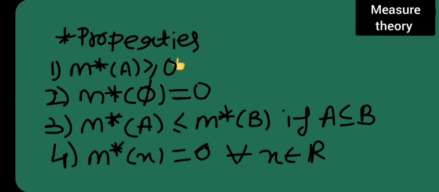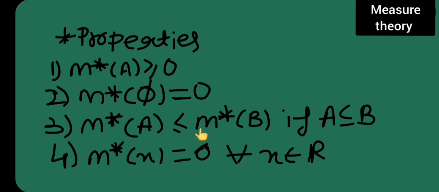These are the properties which I will be proving. First property: outer measure of A is greater than or equal to 0. Second property: outer measure of the empty set is equal to 0.